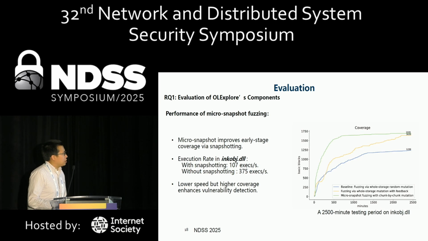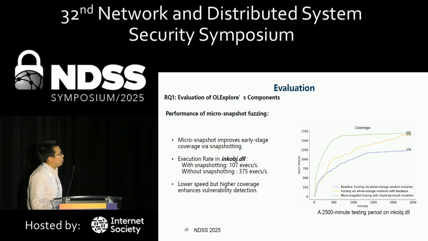And here are the performance results of the fuzzing. Essentially, they found that their micro fuzzing improved early stage coverage via snapshotting, instead of fuzzing as a whole. Here are some example numbers: with snapshotting on, analyzing the DLL file called ink objects, right?